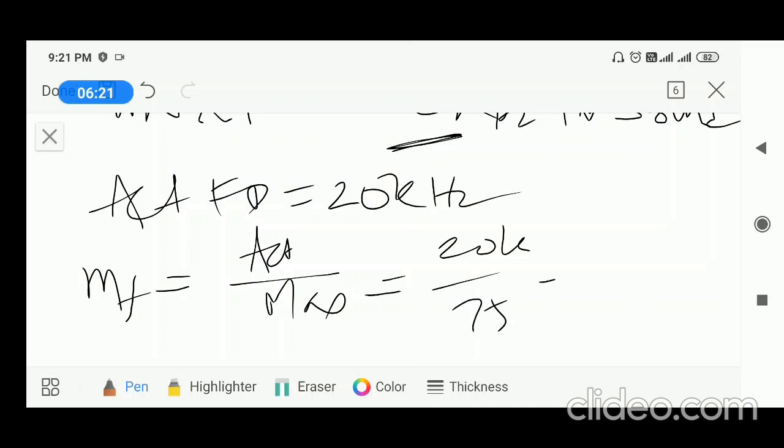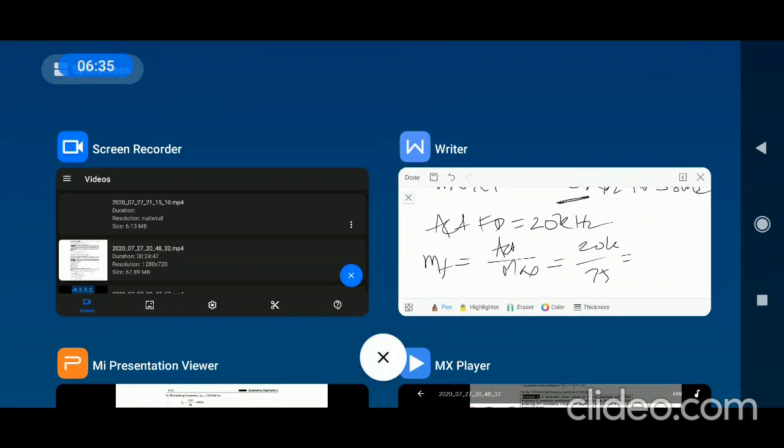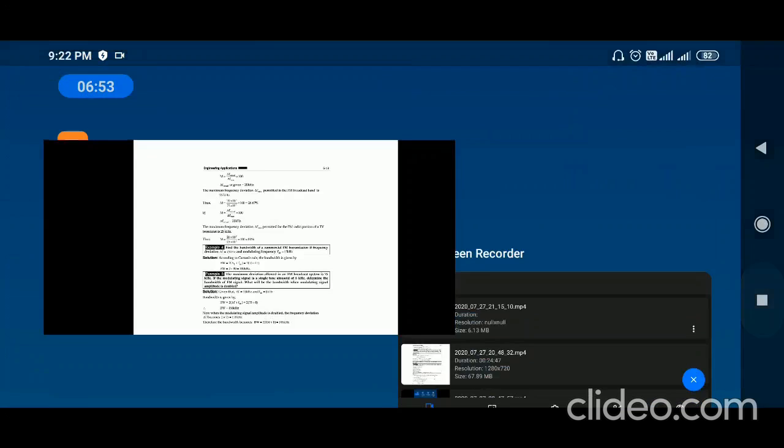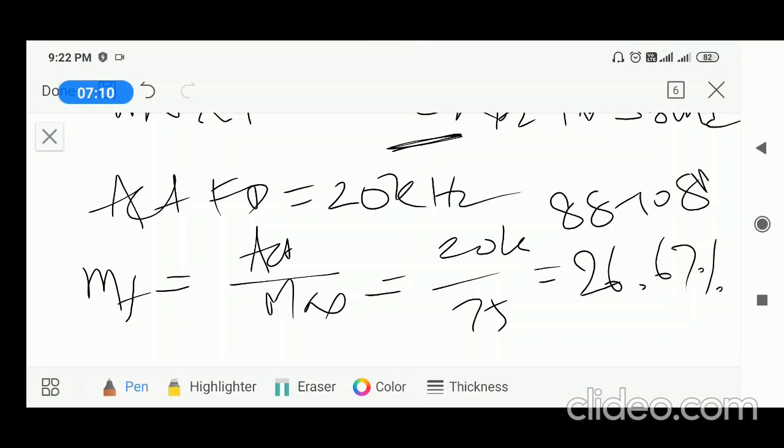What is maximum? 75. 20 by 75, you will get 26.67 percentage for FM radio if it is transmitted in 88 to 108 MHz. This is the FM radio broadcasting range.